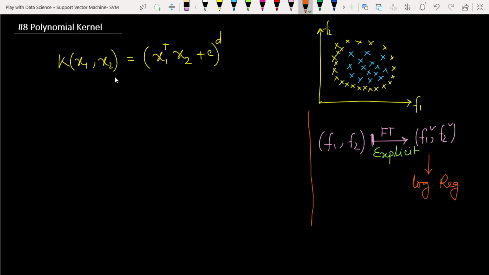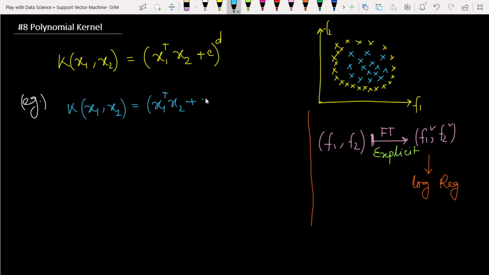Now, as an example, instead of going to the general case first, if we discuss the general case through an example, it will be better for us. First let's take a quadratic term, a general polynomial term. Let K(x1, x2) equal x1 transpose x2 plus c.